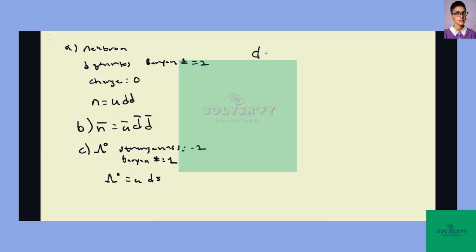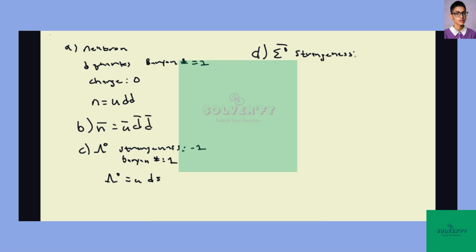So now for part D, we have the neutral sigma antiparticle. So this has a strangeness of positive 1. Sorry, that did not write out very well.